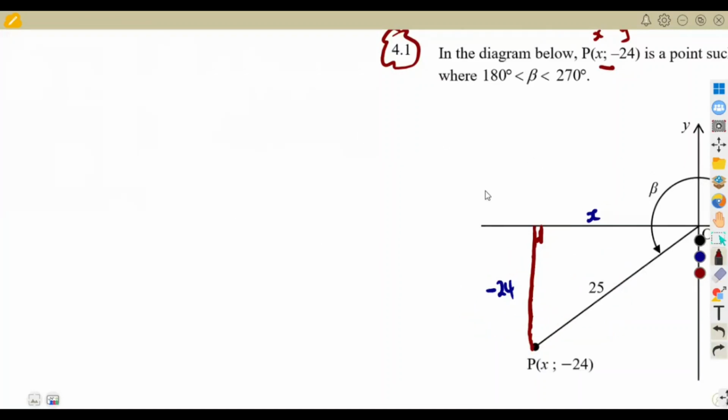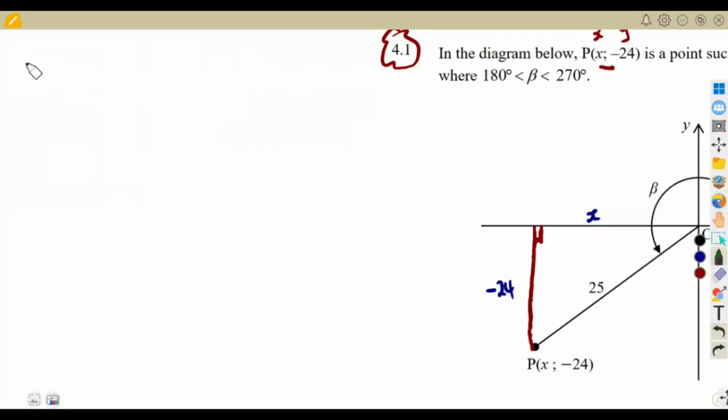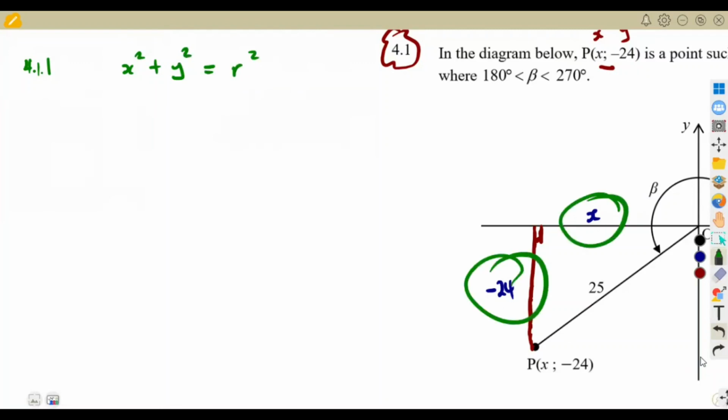Remember what our Pythagoras theorem states. It says that we can calculate the length of the third side from our formula: we add x squared plus y squared, and we must get the hypotenuse squared. So we've got x values, y values, and the hypotenuse given as r. The x is the one that we want. So we're going to write this as x squared plus the y value.